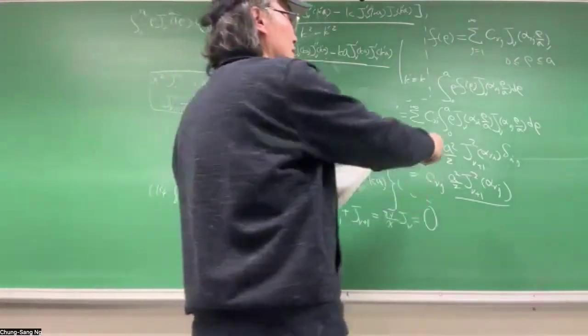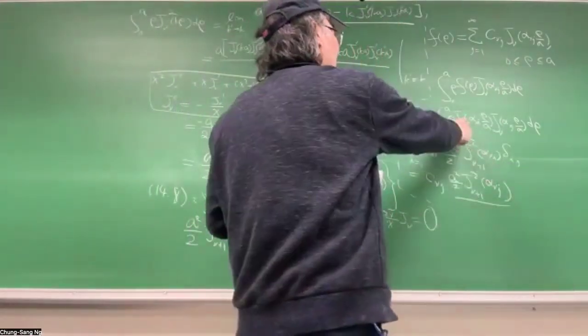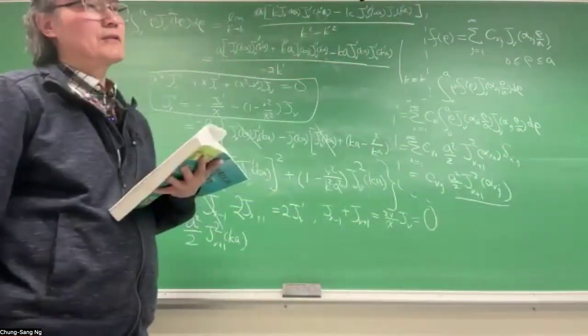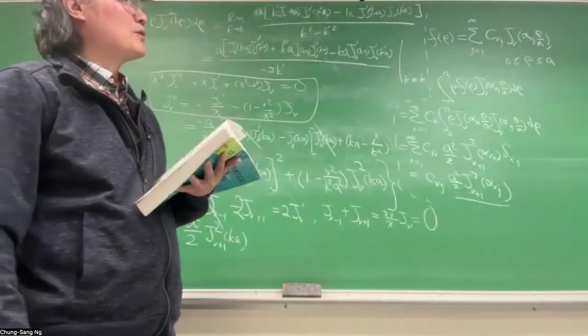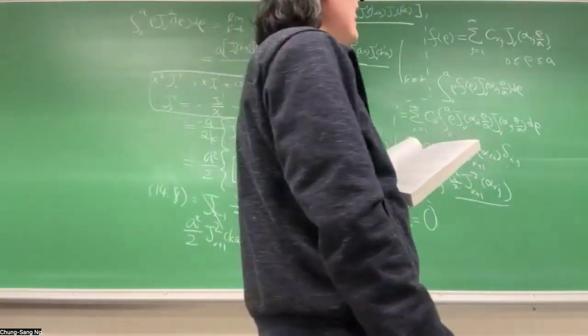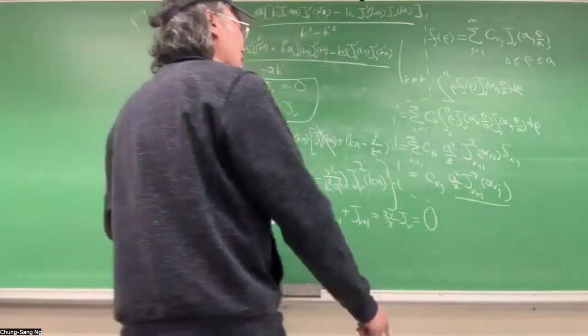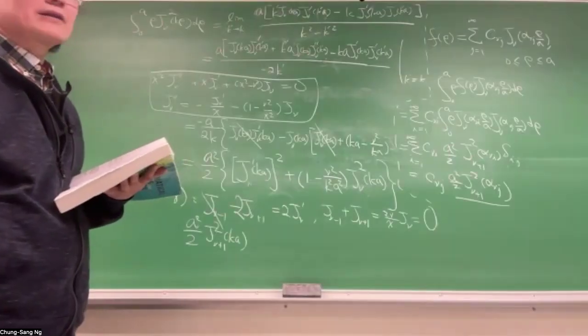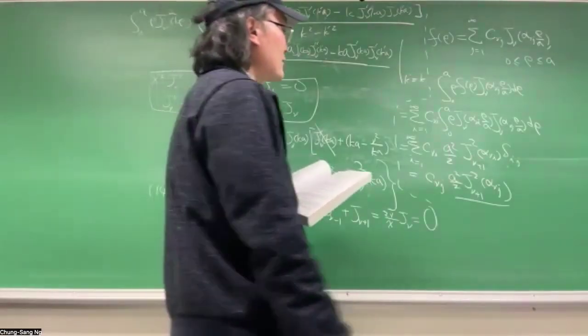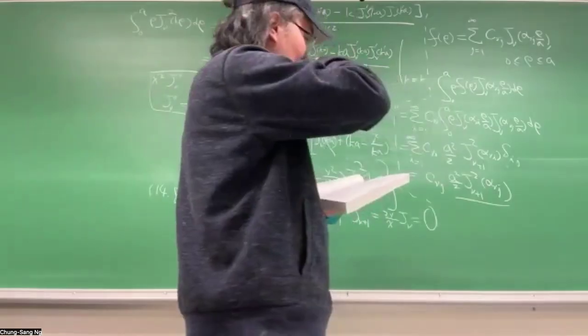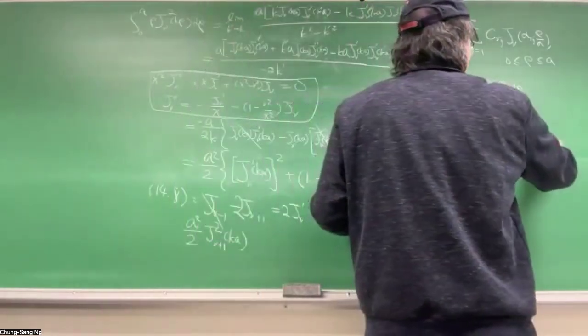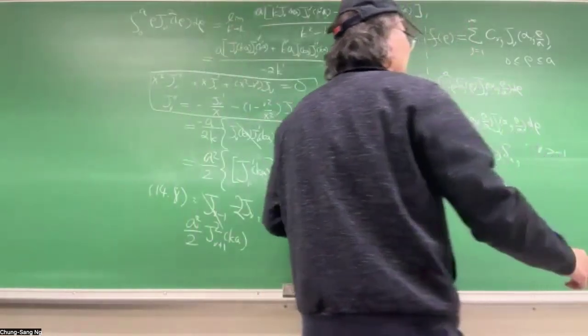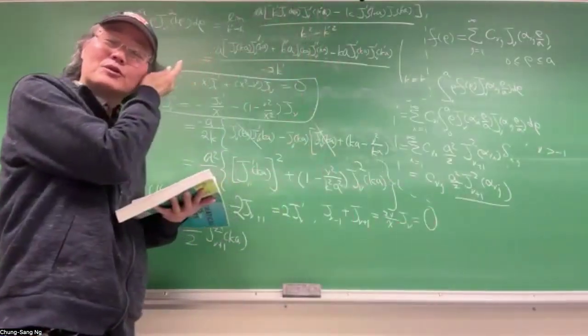Because you remember all these Bessel functions have this x over 2 to the minus nu power, so you want this integral to be convergent at the lower limit. So there's a restriction on nu. I think they work out that nu is greater than -1, right? Otherwise, it would be too singular.